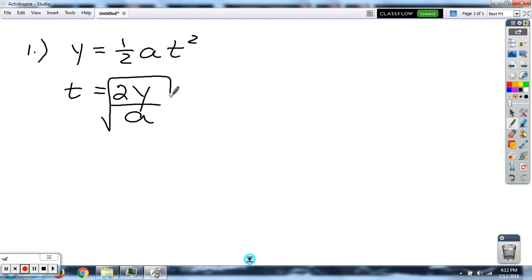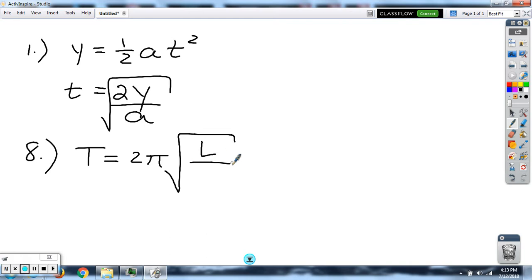Let's do number 8 next. So 8, we see a formula that you guys won't actually use till the end of our class together, and that deals with the period of oscillation of various types of pendulums.